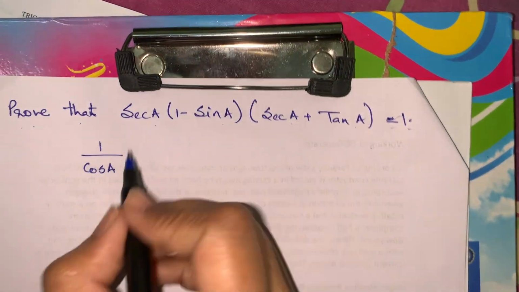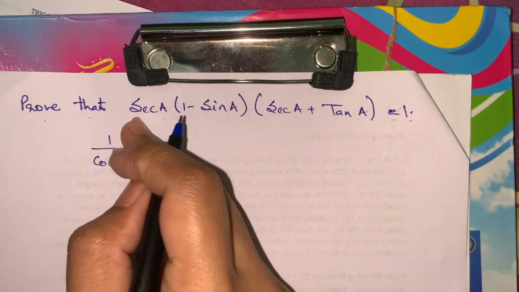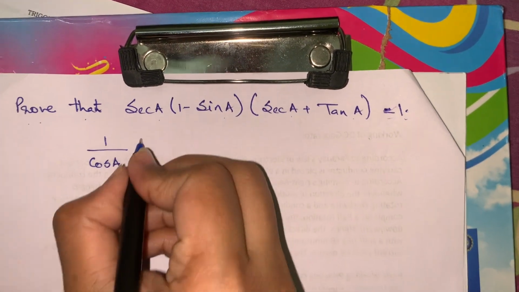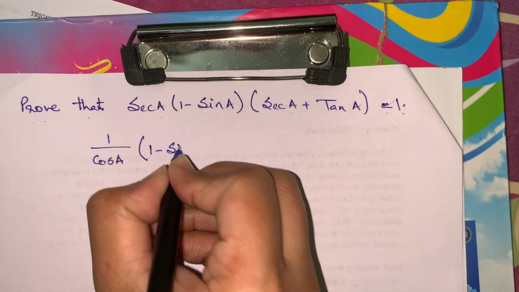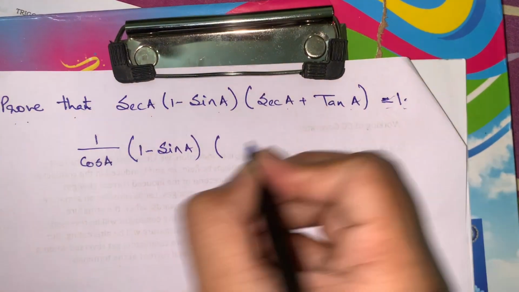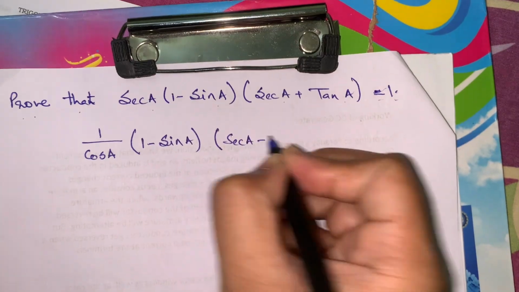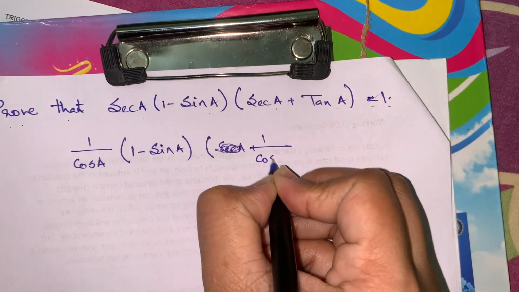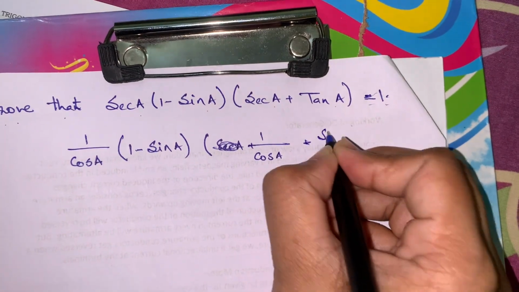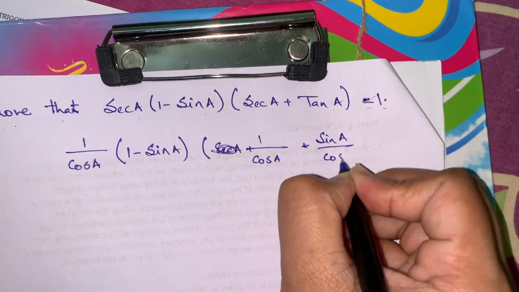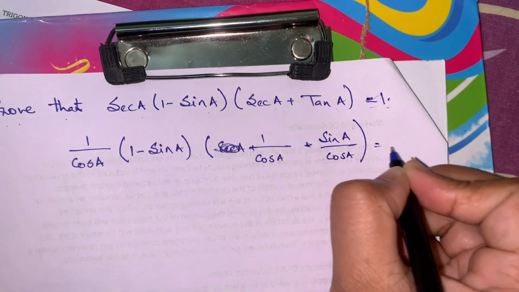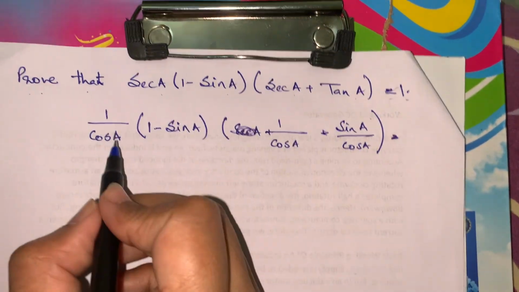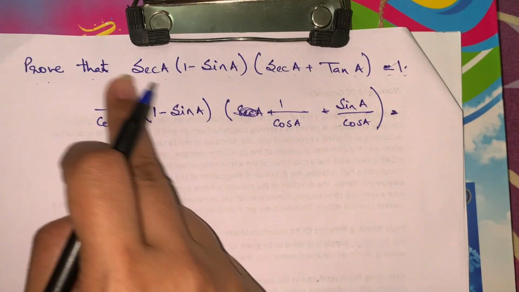Okay, so this is 1 by cos A and times of 1 minus sine A. This I'm keeping as it is. Secant A plus tan A, I want to convert it, I'll convert it better. 1 by cos A plus sine A by cos A is there, I know, which is equal to, this is what I have to prove, right? So first I'll multiply this with this one.